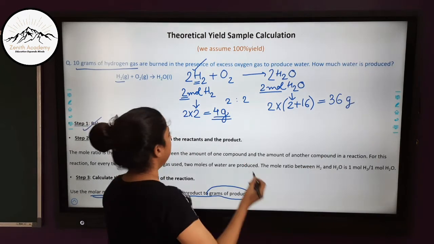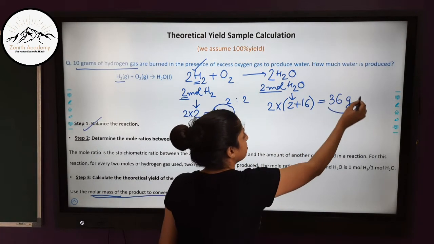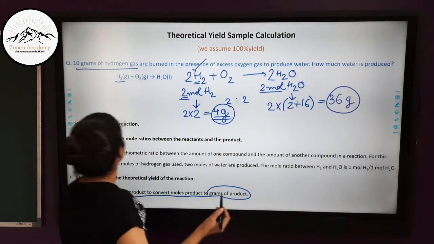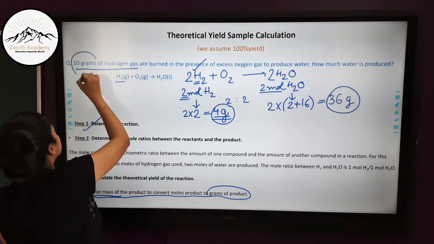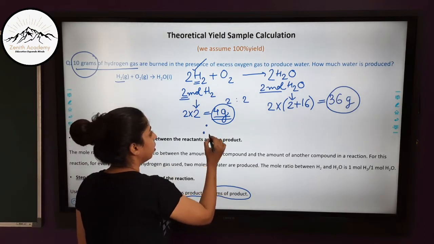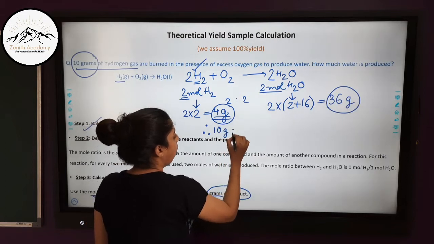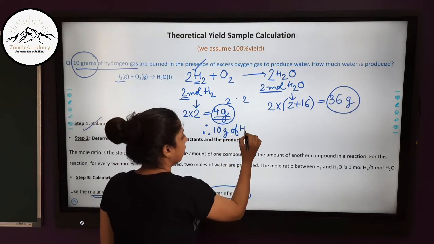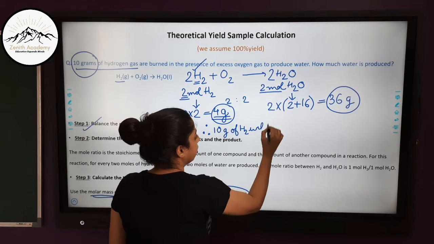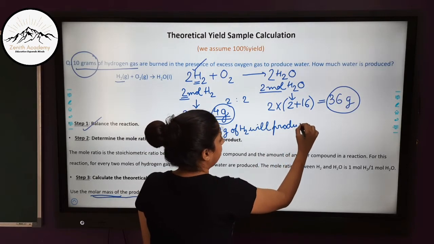So now we know that 4 grams of hydrogen produce 36 grams of water. Now in the question, how many grams of hydrogen are given? 10 grams. So therefore 10 grams of hydrogen will produce how much?